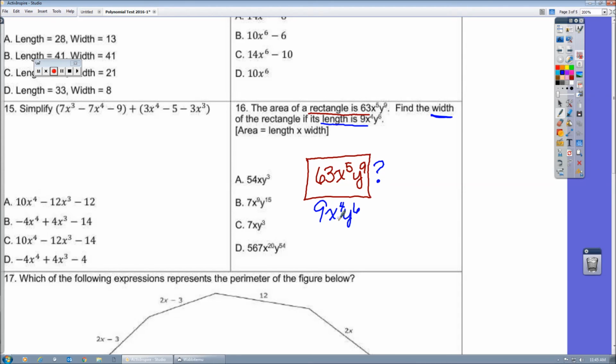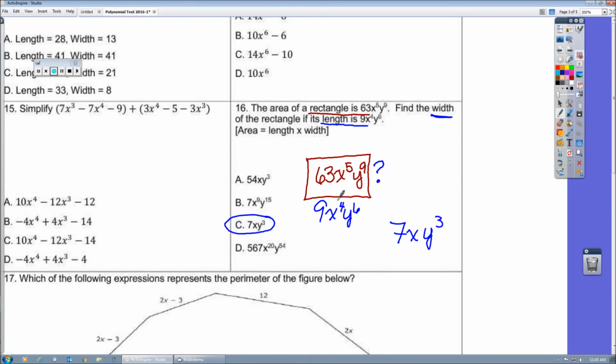So work backwards. If you divide those, then we'll get our answer. 63 divided by 9 is 7. And remember our rule for exponents, when you're dividing, you subtract the exponent. So 5 minus 4 leaves me with 1x. 9 minus 6 leaves me with 3y's. So our answer is C.